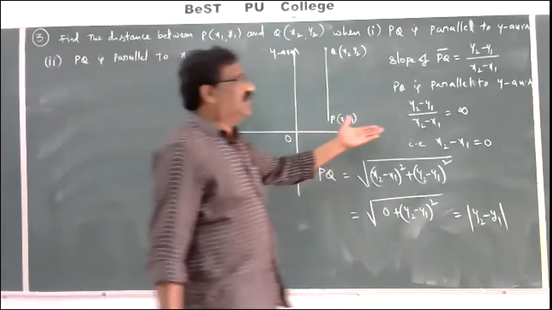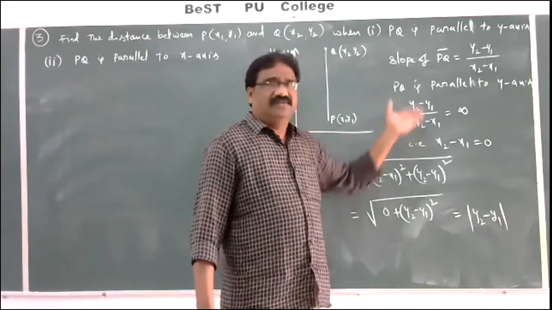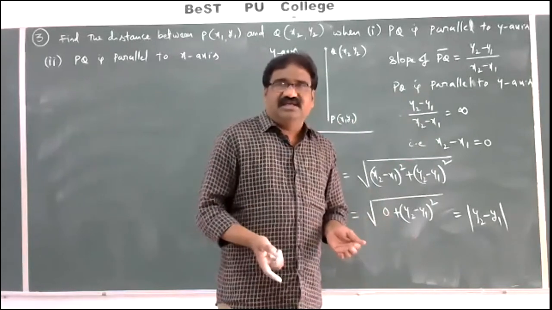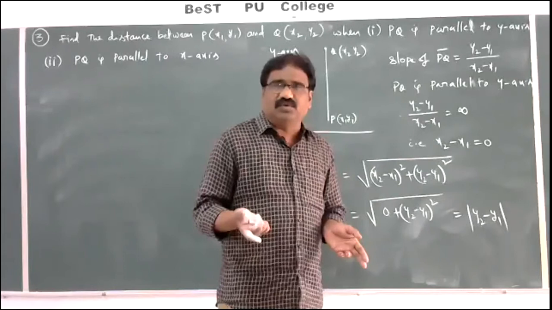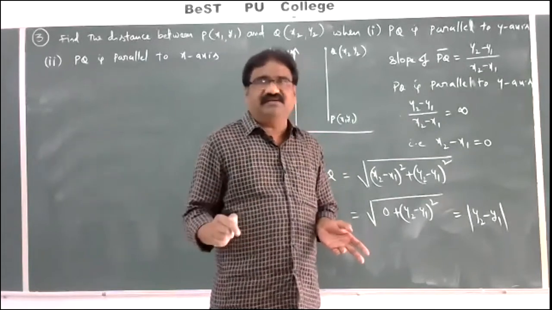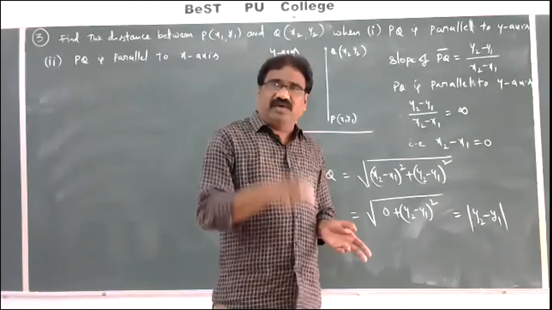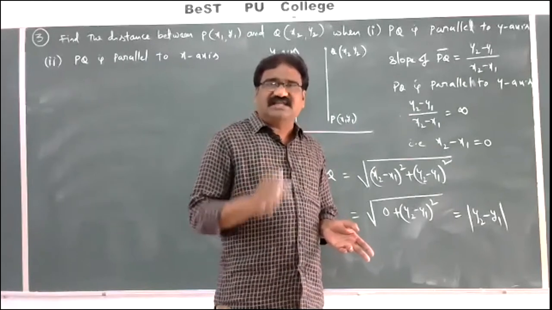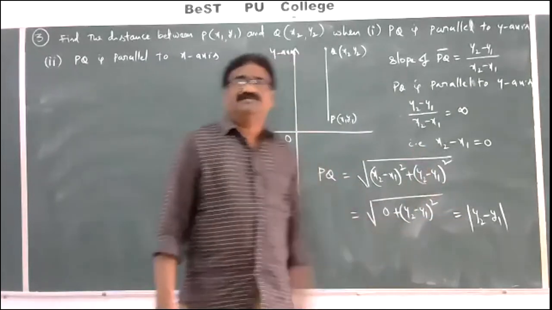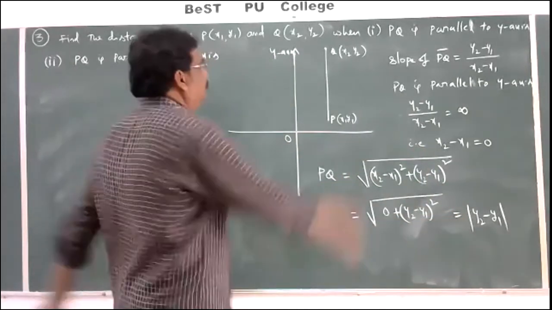Otherwise you can use the formula, no problem. This is the process. So the shortcut method is, if the line passing through the 2 given points is parallel to the y-axis, the distance of AB is the difference of y coordinates. In the same way, write this, copy.